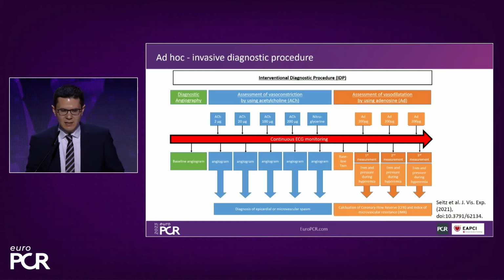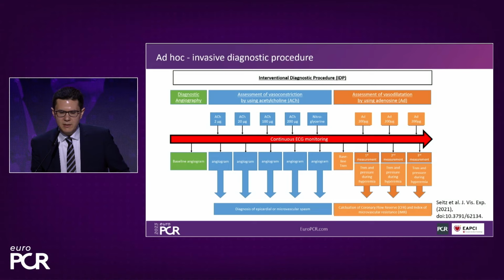And in this case, it was done as an ad hoc procedure. That means we've done the invasive angiography, there is no epicardial stenosis, and we directly move on with the so-called invasive diagnostic procedure. This is shown here on the slide, and it involves the assessment of vasoconstriction using acetylcholine in a stepwise approach with escalating doses.